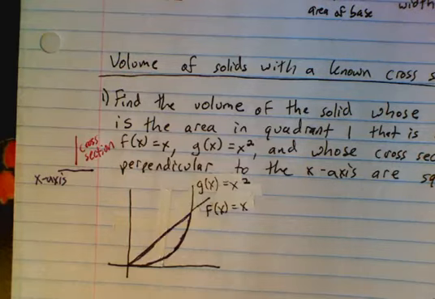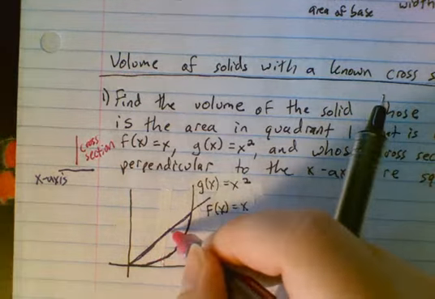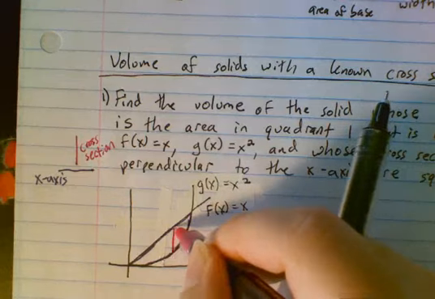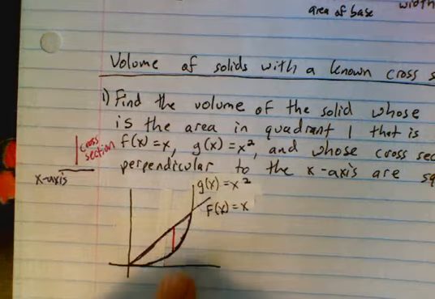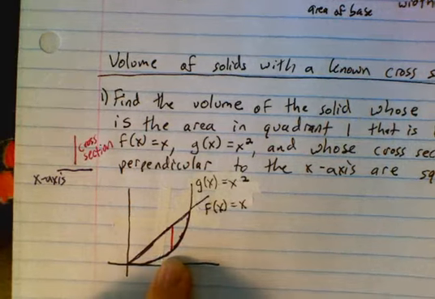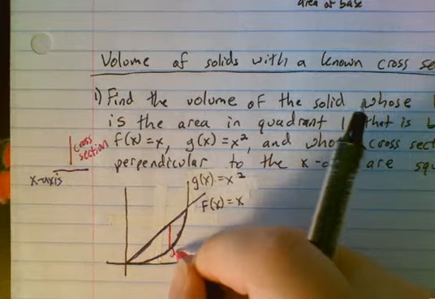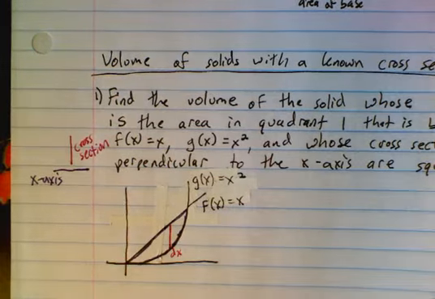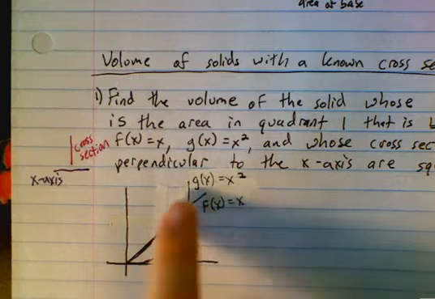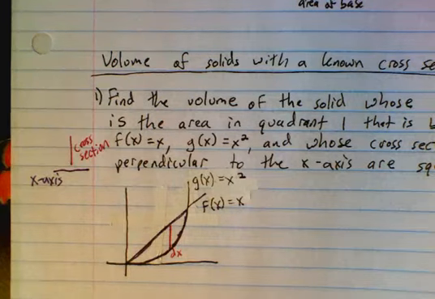So what this means is we're setting this up very similar to what we did previously. We're going to have our little infinitely thin rectangle right there. We've got this width of dx. So far it's looking really similar to what we did for area. What's different is that now we're going to take this area that we have here and draw cross sections coming up from it.